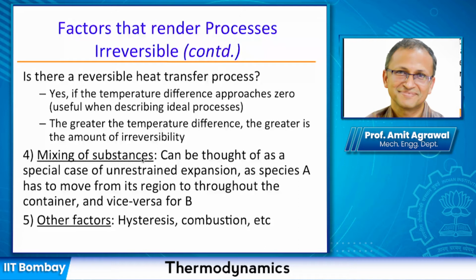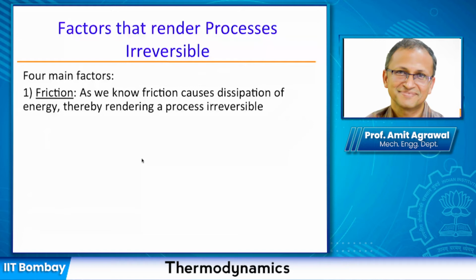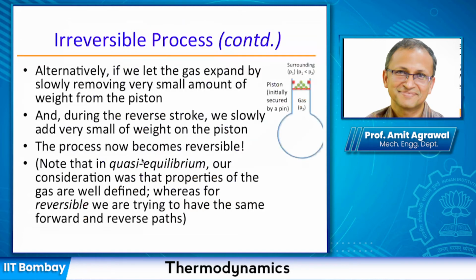The key is to understand this example again, the expansion of the gas in a vessel. Once you understand this example, everything else you can see. And the bottom line here is that a finite force gradient leads to irreversibility, and to make it reversible, you need an infinitesimal force gradient.